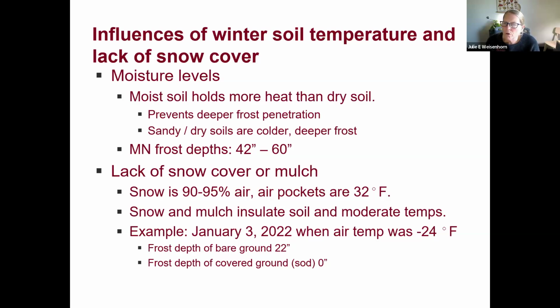A lack of snow cover or mulch can also affect the health of our roots. Snow is 90 to 95% air, and those air pockets are 32 degrees, so it acts as a really good insulator, as does mulch. It helps to moderate our soil temperatures, which makes it much less stressful for the roots of our plants, and they are able to survive the winter better.